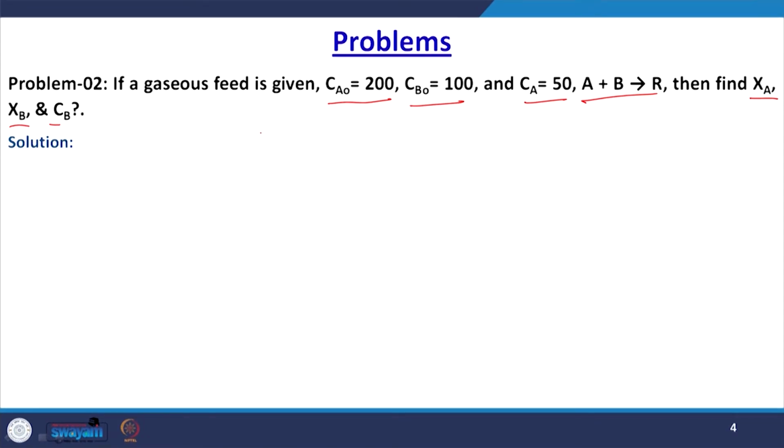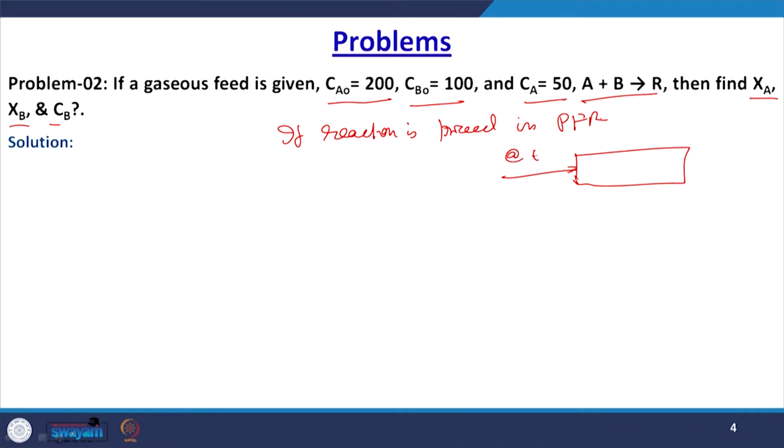Now let us assume that this is an isothermal single phase flow reactor that is operating under constant pressure. If the reaction proceeds in a PFR, then we have this symbolic representation.